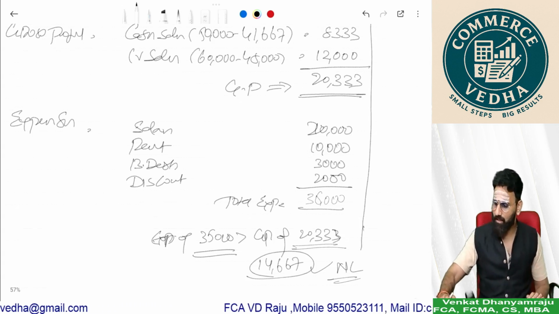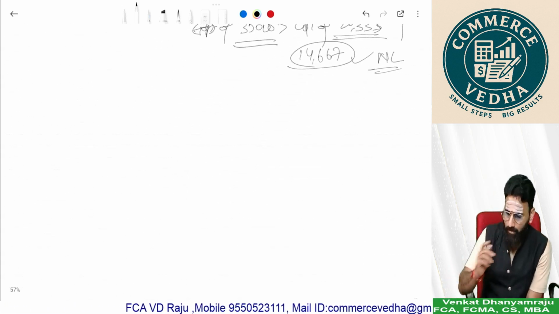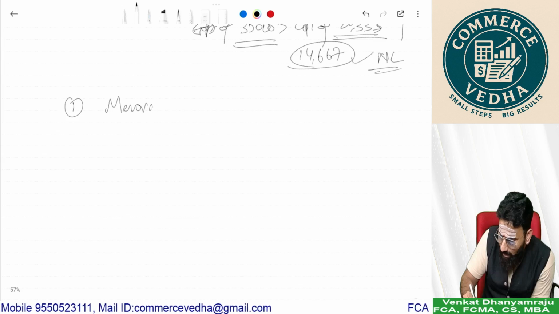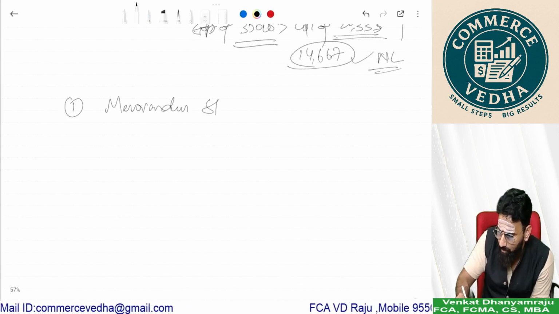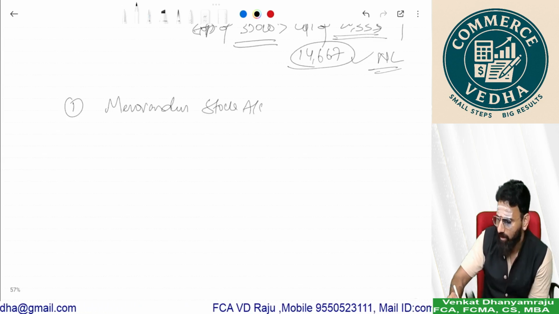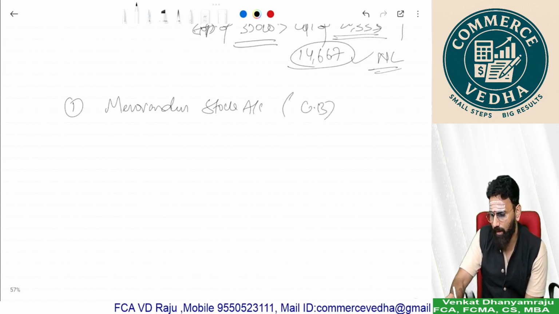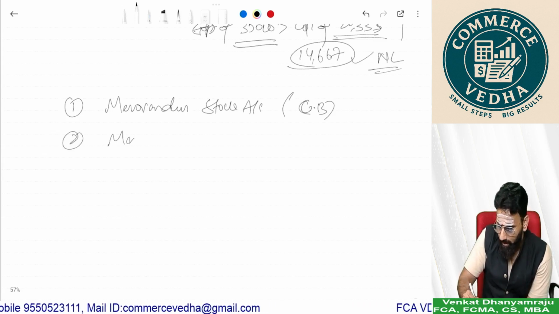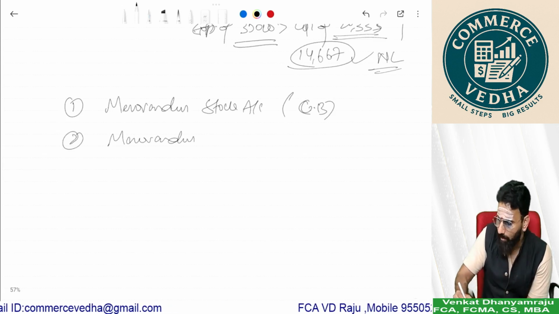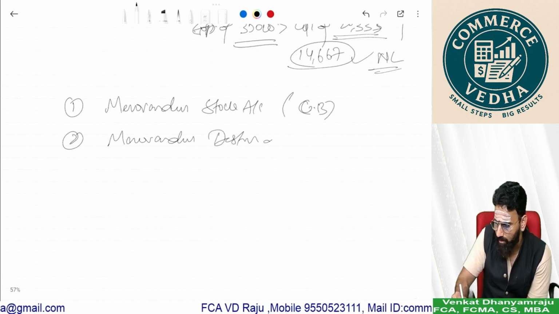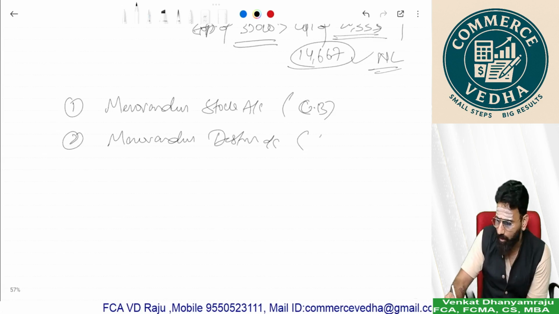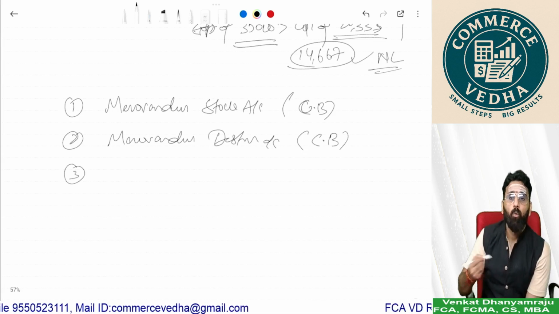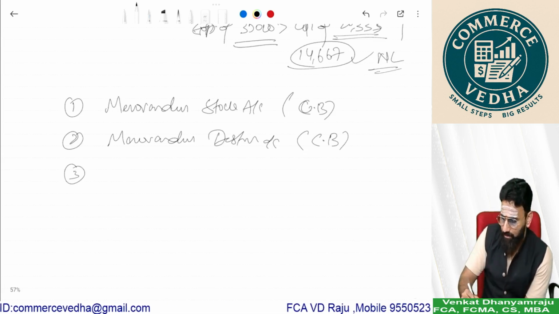So what I actually did in the question, step wise: number one, I prepared my memorandum stock account, to identify my closing balance. Number two, I prepared my memorandum debtors account to identify my closing balance. Then I prepared the collection amount.